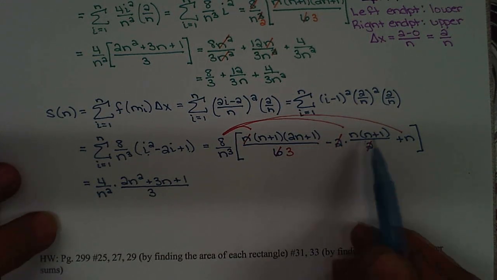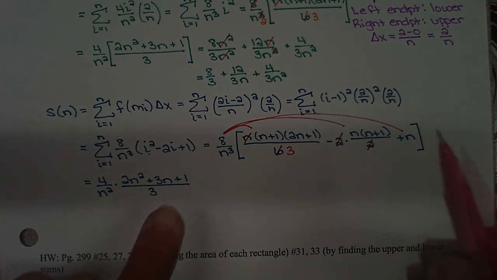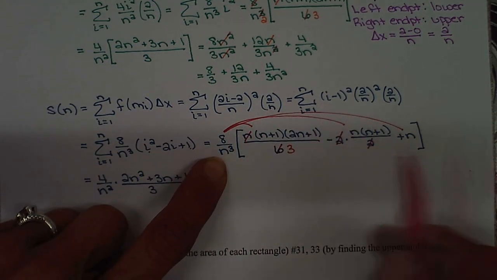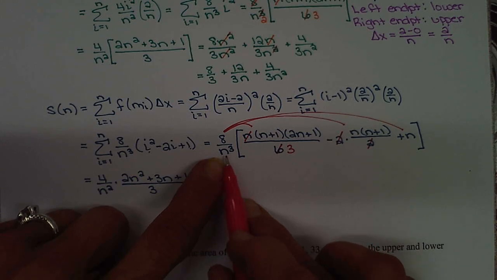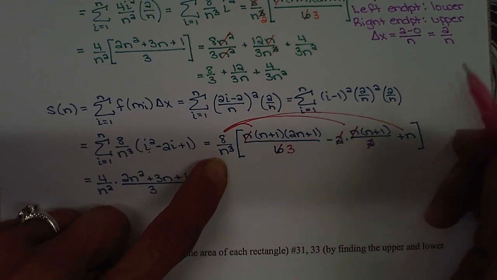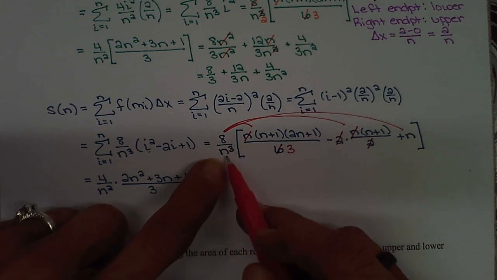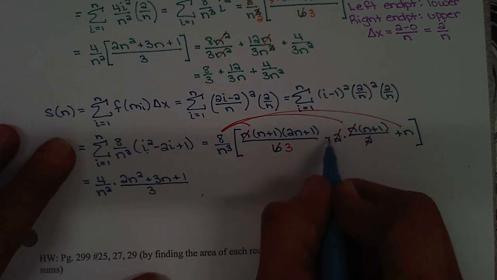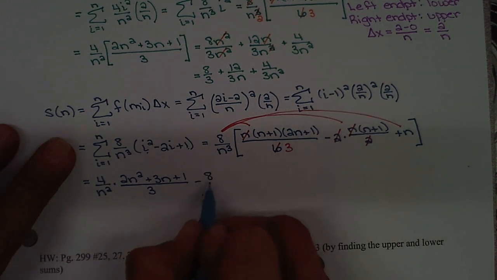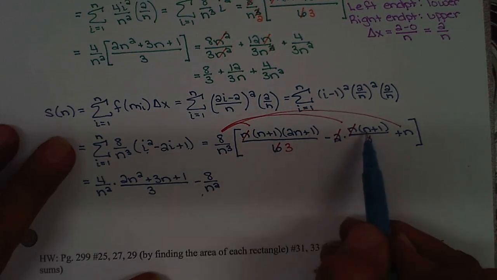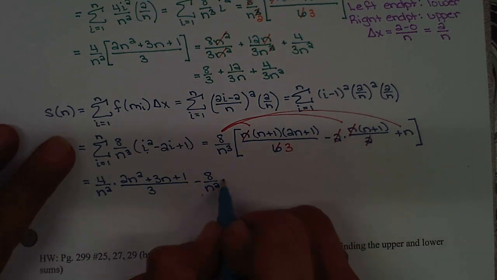And now the next term here. When I distribute this 8 over n cubed, the n from down here, one of them will cancel with the n that is here. So really, this becomes an 8 over n squared. And it is a minus 8 over n squared, and then times this n plus 1.